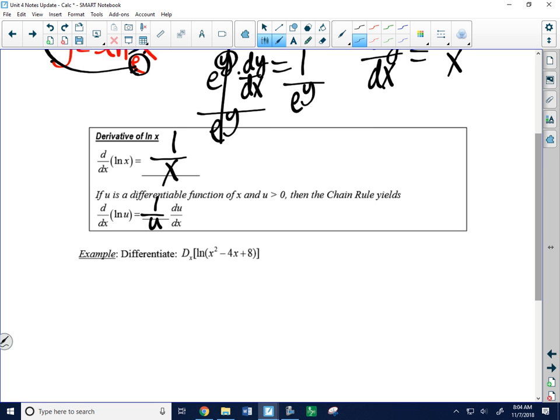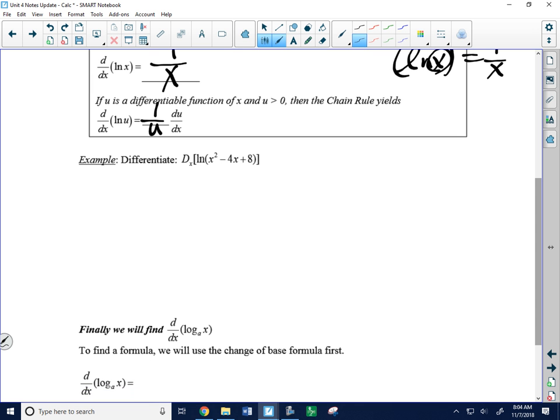And so I think let me just do this example to illustrate this one. Okay, so if it's straight up natural log x, the derivative is 1 over x. But as soon as this x becomes something else, then we'll do a chain rule. So let me show you on this one. Do the derivative with respect to x of natural log of x squared minus 4x plus 8. Okay.